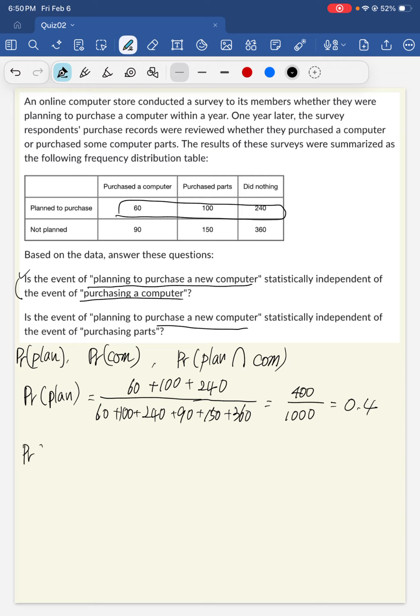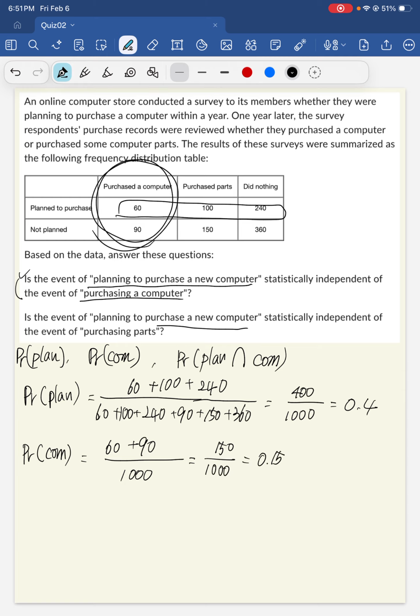Now let's calculate the unconditional probability of the customers who purchased the computer. This set, okay? Out of the same 1000 respondents, 60 plus 90 purchased the computer. That is 150 out of 1000, which is 15%, 0.15.